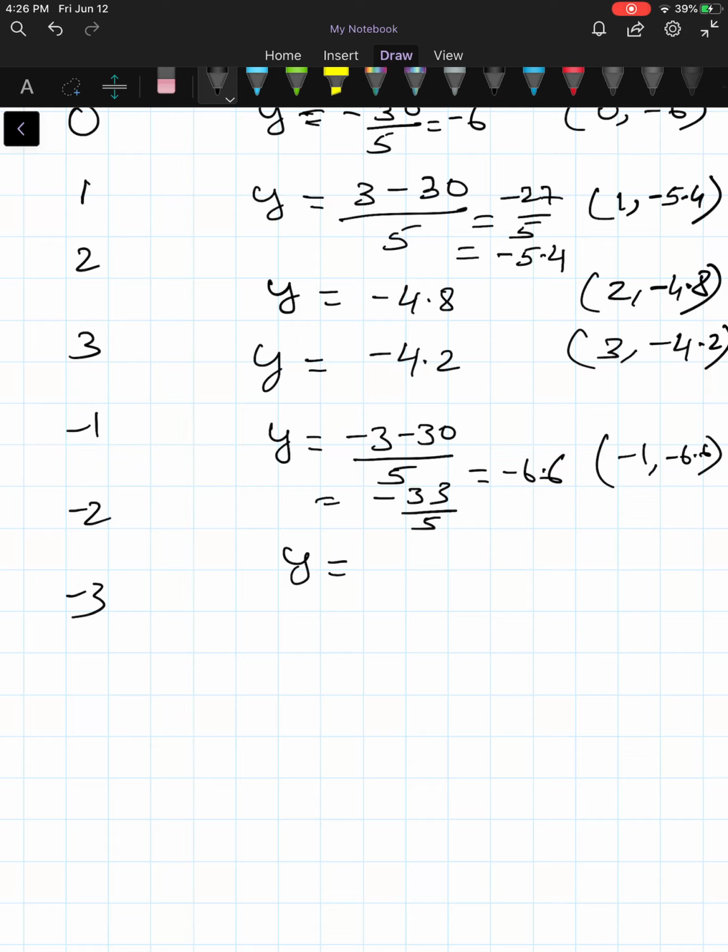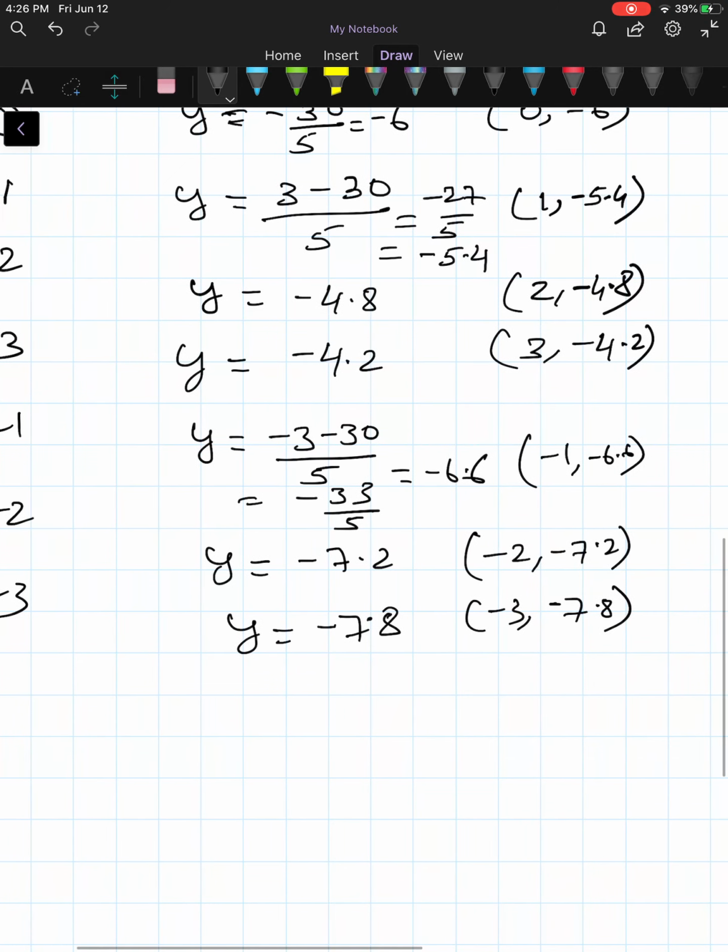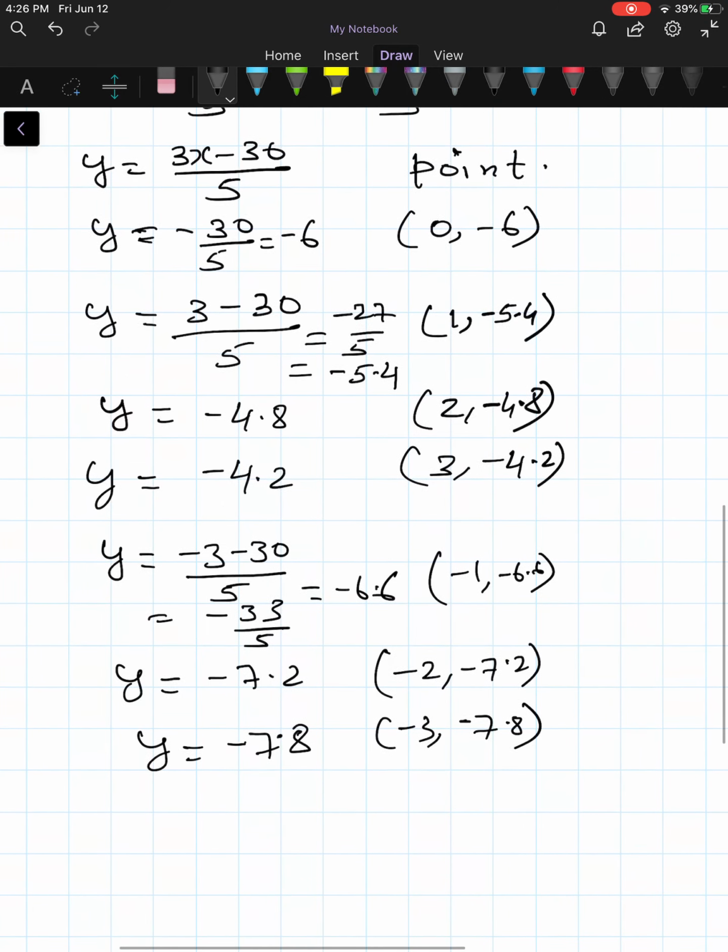You can do this by yourself for -2. So y will be -7.2, and y will be -7.8 for -3. So the points are (-2, -7.2) and (-3, -7.8). Okay, so these are all the collection of points.